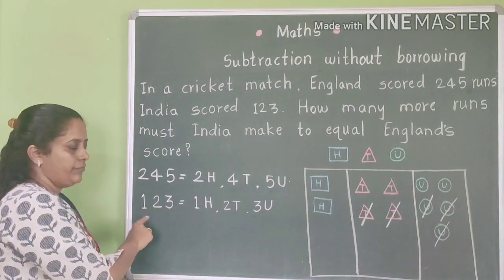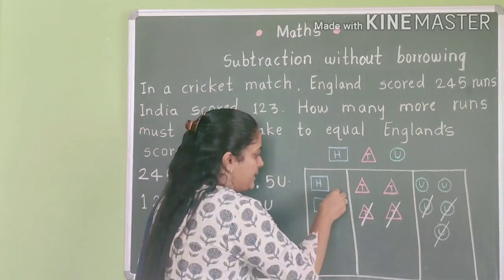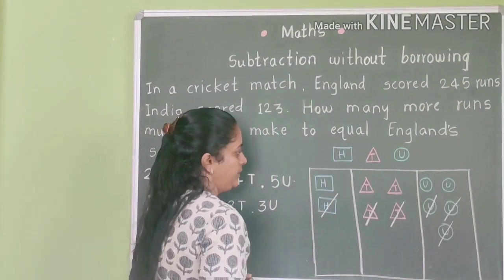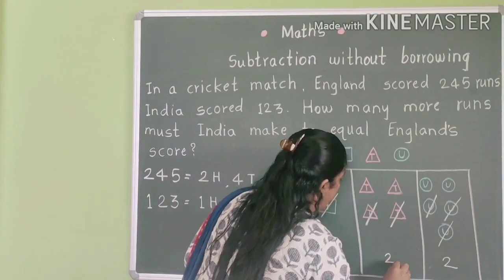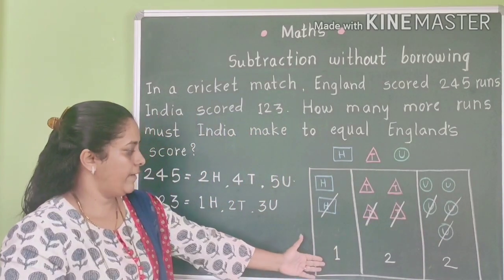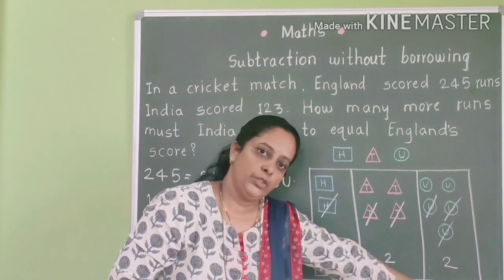And in this 123 there is 100. So we are cancelling 100. So here 2 units, 2 tens and 100 remain. And the number we get here is 122.